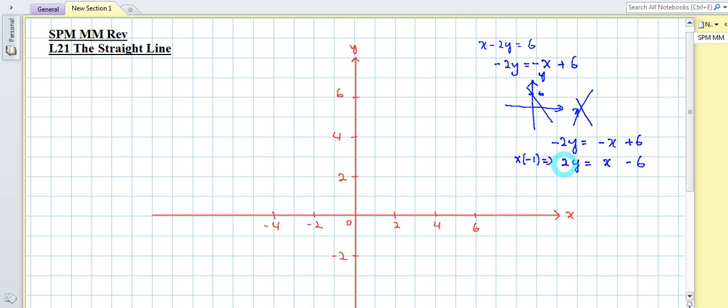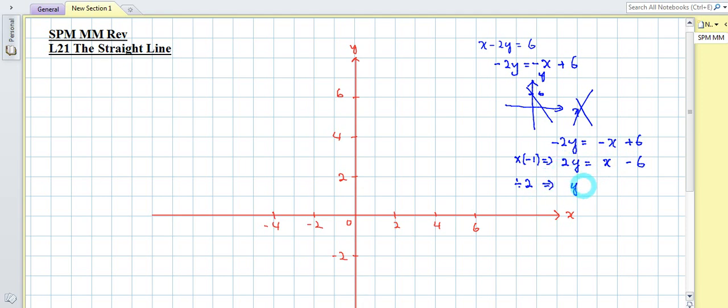Okay, and now it's positive, but you have 2. Don't want. We just want the coefficient of y equal to 1. So I want to get rid of this 2. I need to divide the whole equation by 2. Actually, if you want to do it faster, you can just straight away divide the whole equation by negative 2. Then it will be faster.